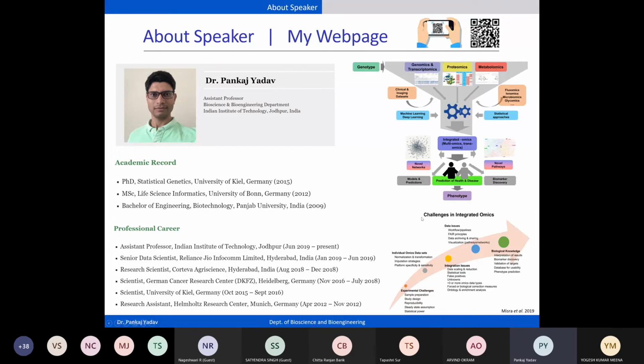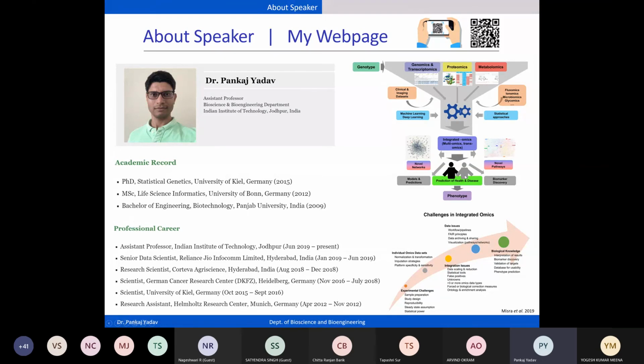Currently, I am working in this multi-omics field, where we have data from genomics, transcriptomics, proteomics, and metabolomics. We also work on integrating these different types of data sets. For this, we use machine learning and statistical approaches, and we also work on developing methods to solve these integration problems.